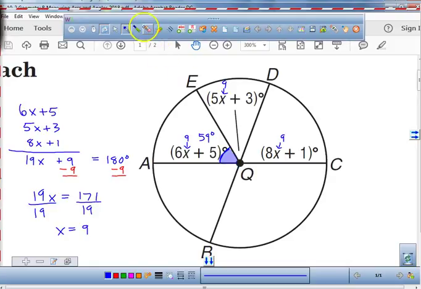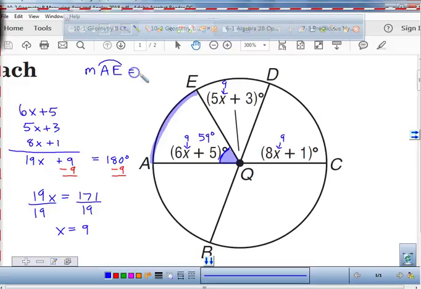Now, if I said, what's the measure of this arc, the measure of arc AE, from A to E? You would also say it's 59 degrees. The measure of the central angle will match the measure of the arc. Now, not the length, we'll talk about arc length later, but the measure of the arc. So this matches this. So far so good?